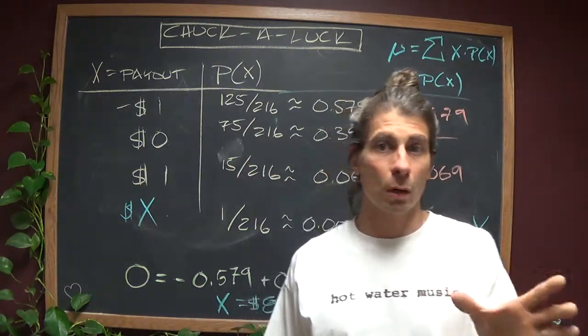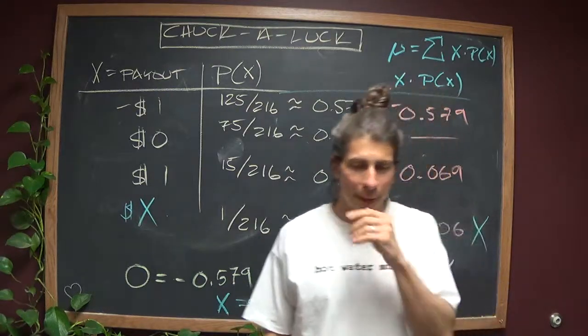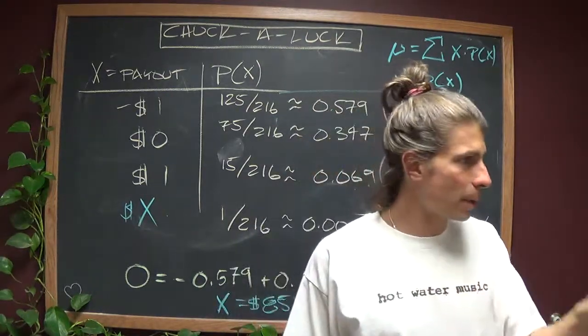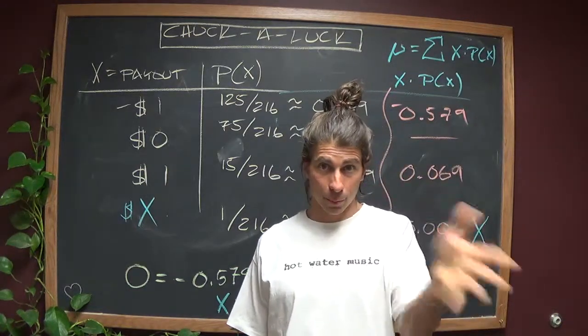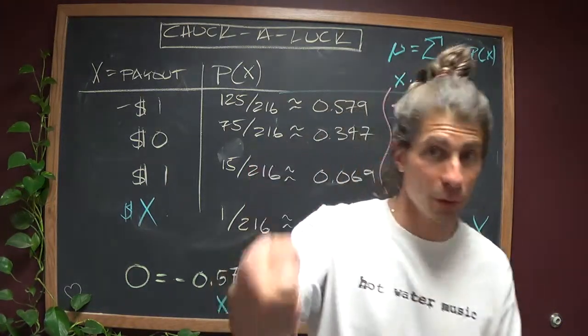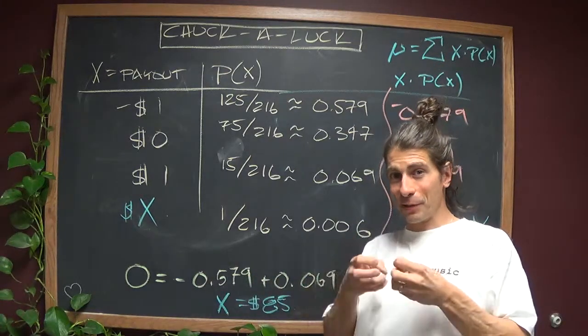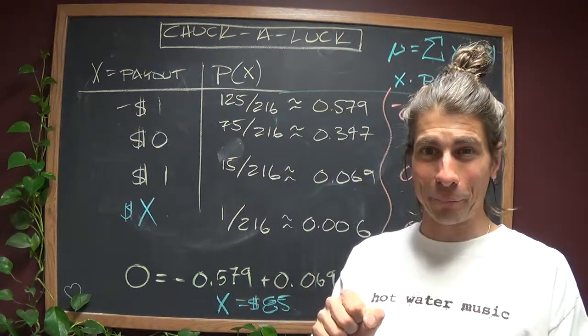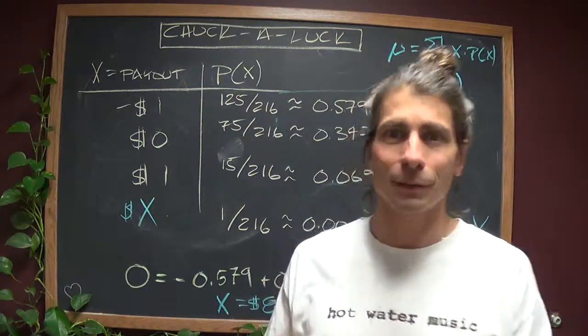When the payouts are the way they are, 0, 1, 2, and 10 times your bet, you end up averaging negative 47 cents per game, which means you walk up with $1, you hand Vegas $1, and then they take 47 cents of it and you walk away with 53. So that's kind of like negative 47 cents profit.